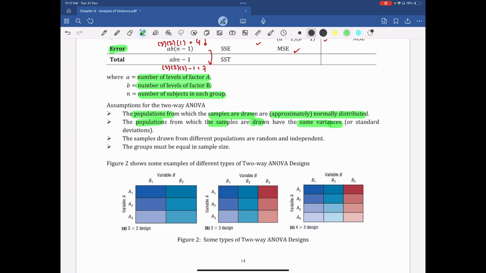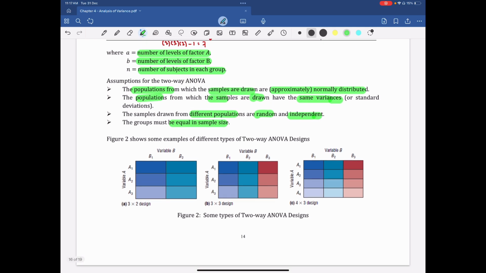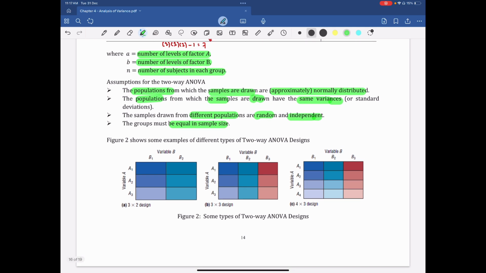The samples drawn from different populations are random and independent, and the groups must be equal in sample size. If each group has two plants, we have to make sure that every group has two plants. It's not necessarily two, maybe you can have three, but make sure every group has the same number of samples.